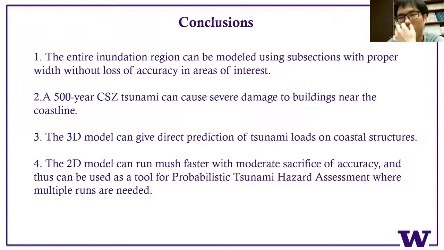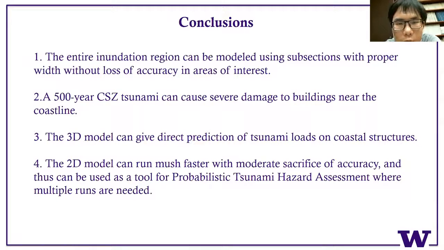Okay, so here are the conclusions from this study. First of all, when you use the 3D model to model a tsunami inundation region, and if the 3D model is too expensive to model the entire region as a whole, we can think about modeling only subsections.